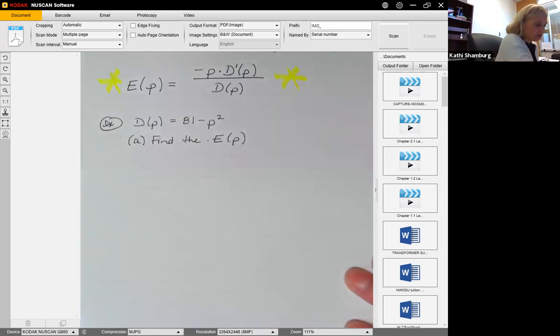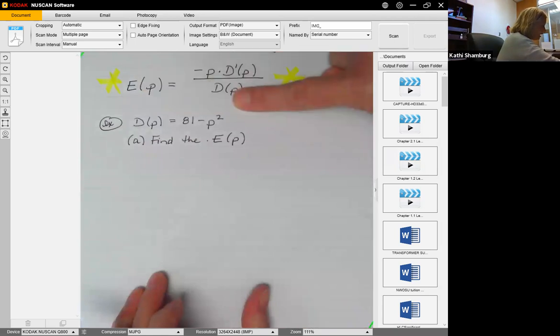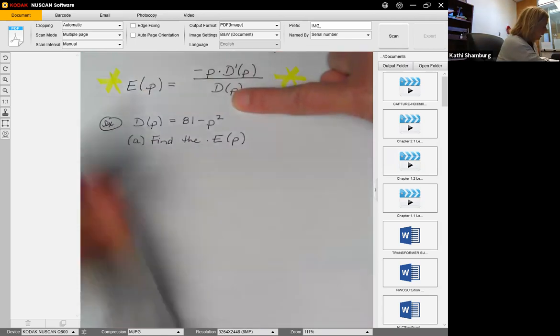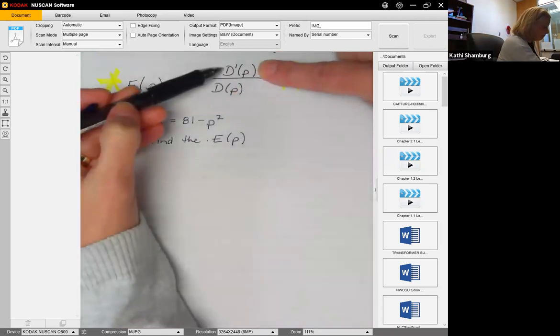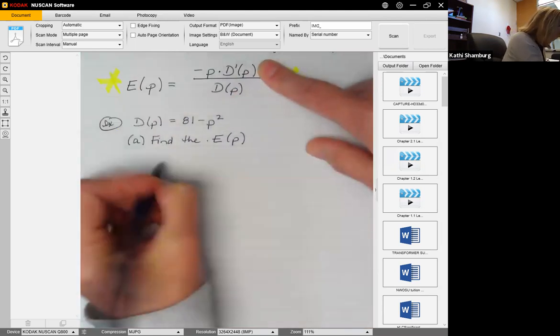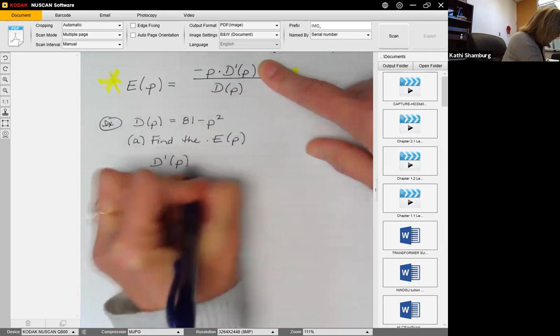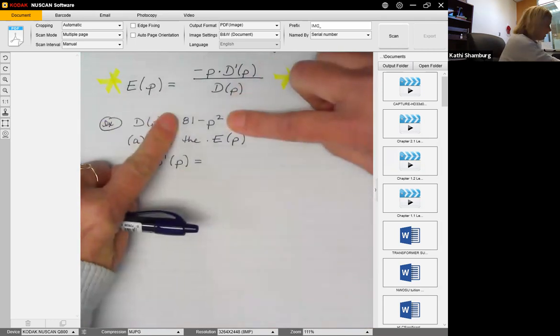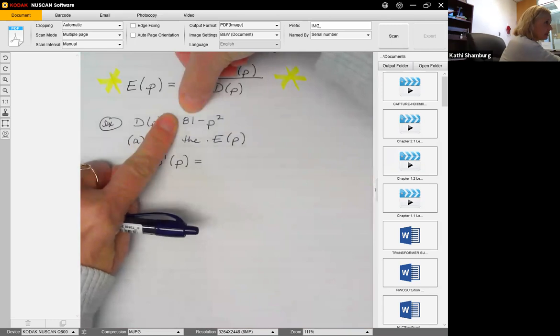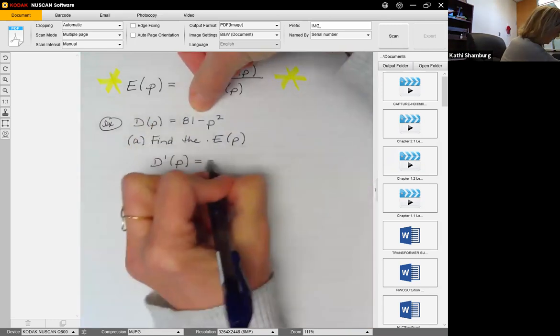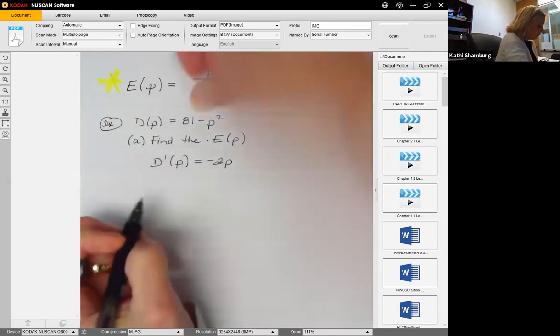So that tells us we are going to find E of P. When I look up here, I need to find the derivative first. The derivative of a constant is 0, so we would get negative 2p.